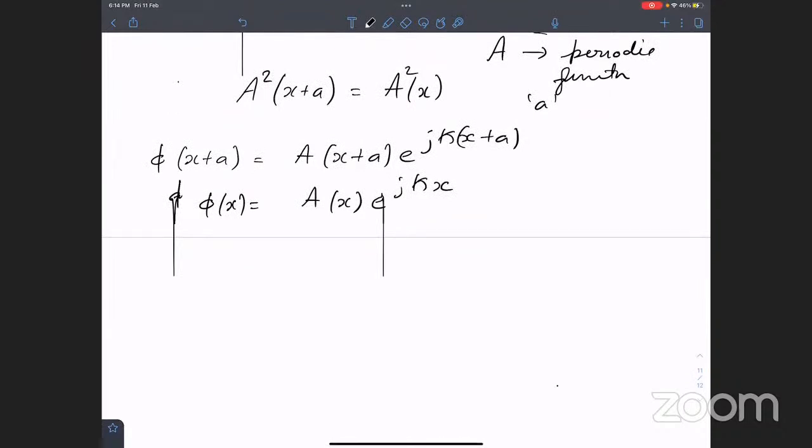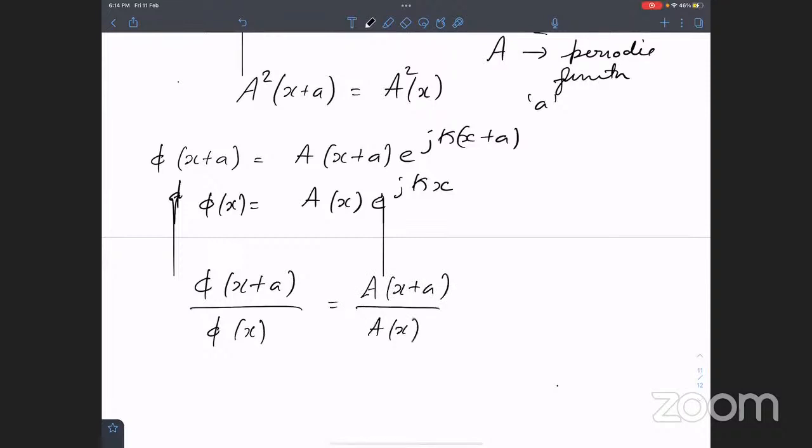If I divide the two, phi of x plus a divided by phi of x is equal to a of x plus a by a of x, which is 1 because a is periodic, into e to the power j k a.